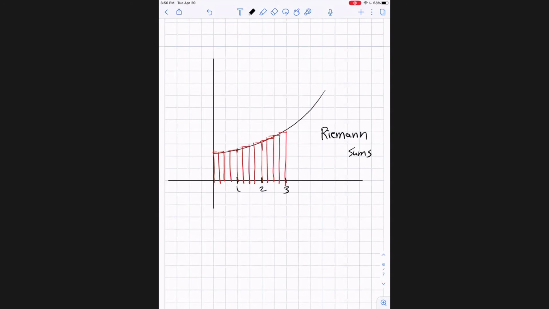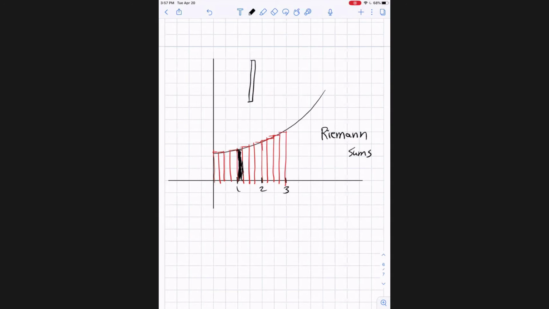And also notice as these rectangles get smaller and smaller and smaller, the left endpoint and the right endpoint get closer and closer to each other for each of those little rectangles, right? Since as rectangles keep getting smaller and smaller and smaller, the left endpoint and the right endpoint almost become the same point. So does it really matter which x value I pick, the left side or the right side or somewhere in the middle?